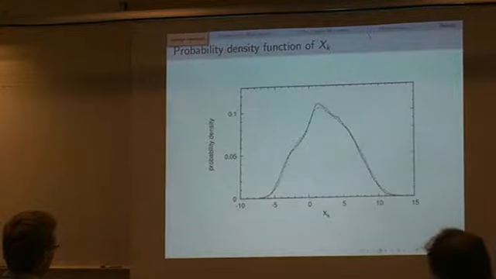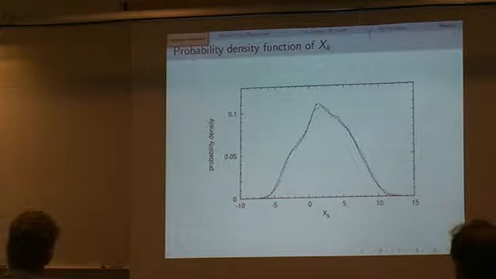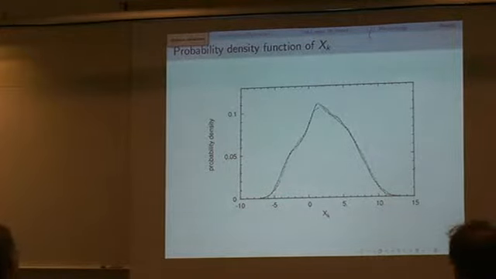And now how is the model performing? We integrate the closure model forward in time and look at statistics of the X variable. This is the invariant measure of the system, so the PDF of X_k. The solid line is the truth, the full Lorenz 96 model.